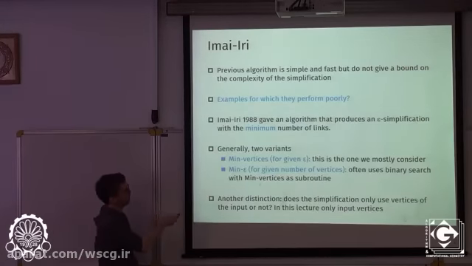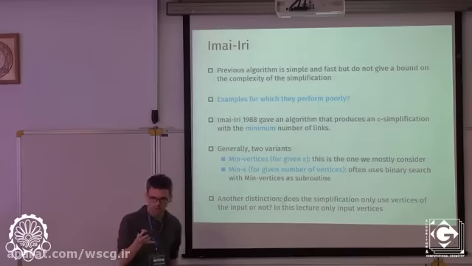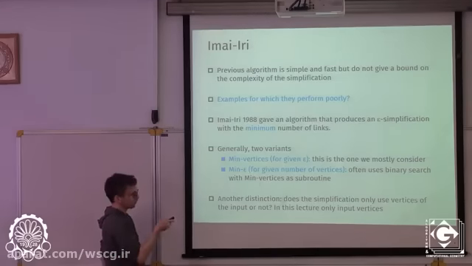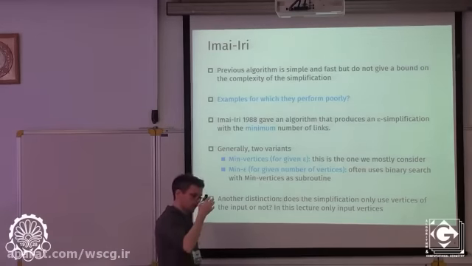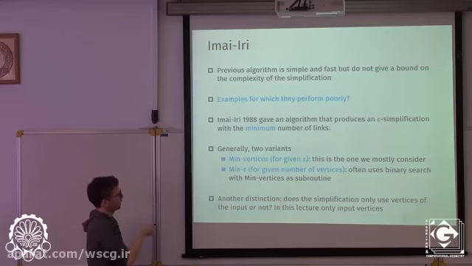You can either phrase it in terms of, I want to minimize the number of vertices, then epsilon is given, or you want to minimize epsilon, then the number of vertices is given. And as we also saw in the example of the Fréchet distance yesterday, there we solved the decision problem and then used some kind of binary search. And here it's similar.